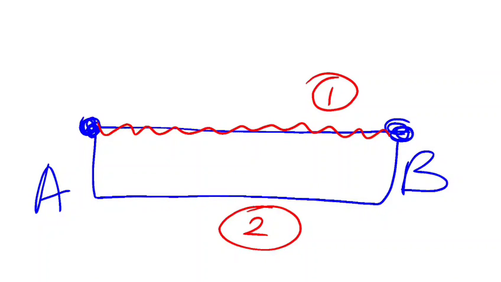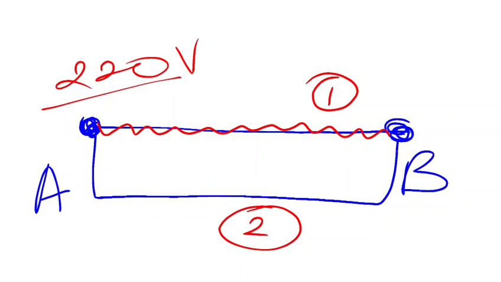Sometimes we are using 220 watts in our home, the regular electricity. If that 220 watts increases and it supplies 350 watts, then this wire will melt. Is that clear?